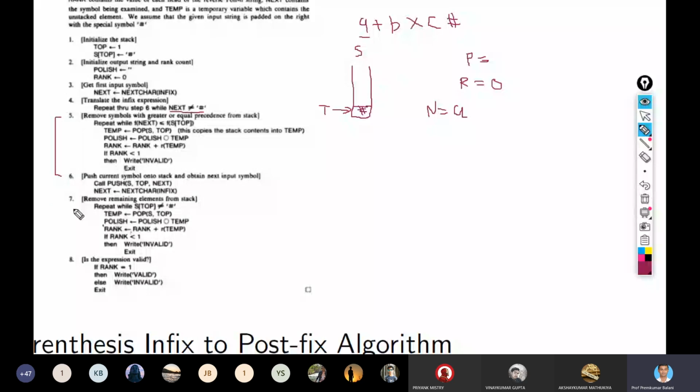Okay, so repeat while f of next is less than or equal to f of s of top. So now what is this f? F is the precedence function. Yes, everyone. What is the f of next? Next is a, and f of a is what? Operand.